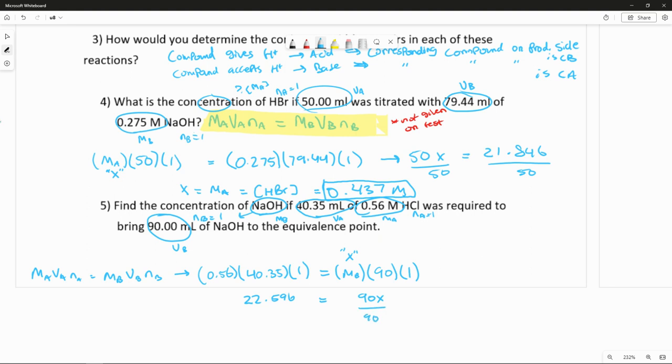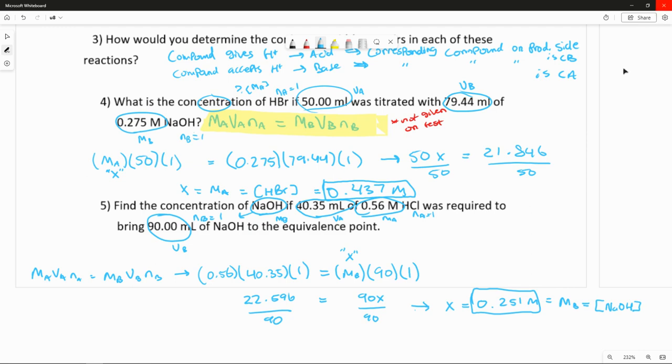So divide 90 on both sides to cancel, and now we have X equals 0.251 molars, and that is molars because X equals the Mb, which equals the concentration of NaOH that was used. So that is going to be our final answer, 0.251.